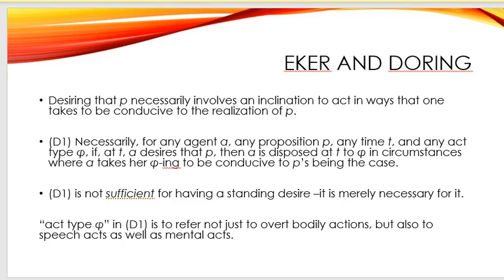If you have a desire, then you're going to be disposed to act in a particular way when you think acting in that way is conducive to bringing about your desired object. D1 isn't a sufficient condition, it's a necessary condition. So if you have a desire, then you have D1. It's important to note that because they're not claiming it's a sufficient condition. They're not saying this is good enough to guarantee that you have a desire. They're saying this is actually required for a desire.